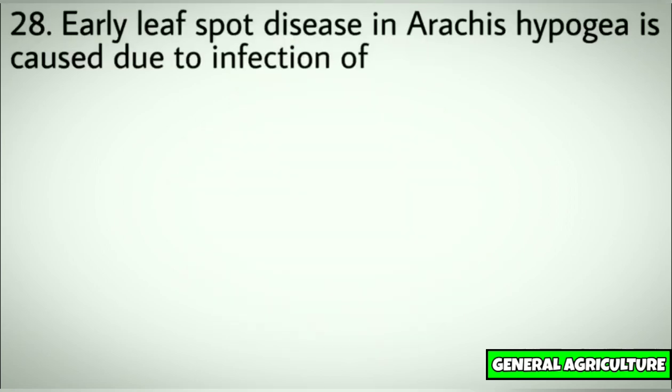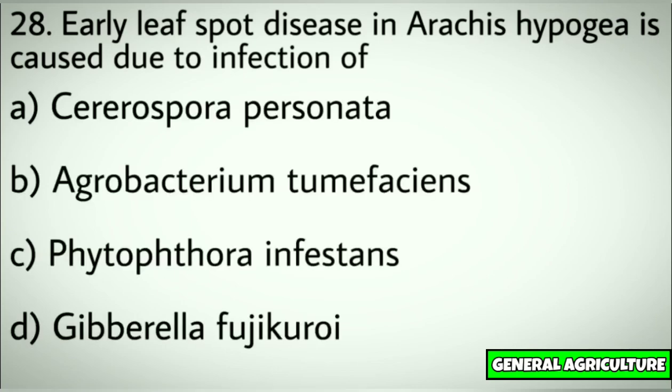Question number 28. Early leaf spot disease in Arachis hypogaea is caused due to infection of. Options: A. Cercospora personata, B. Agrobacterium tumefaciens, C. Phytophthora infestans, D. Gibberella fujikuroi.